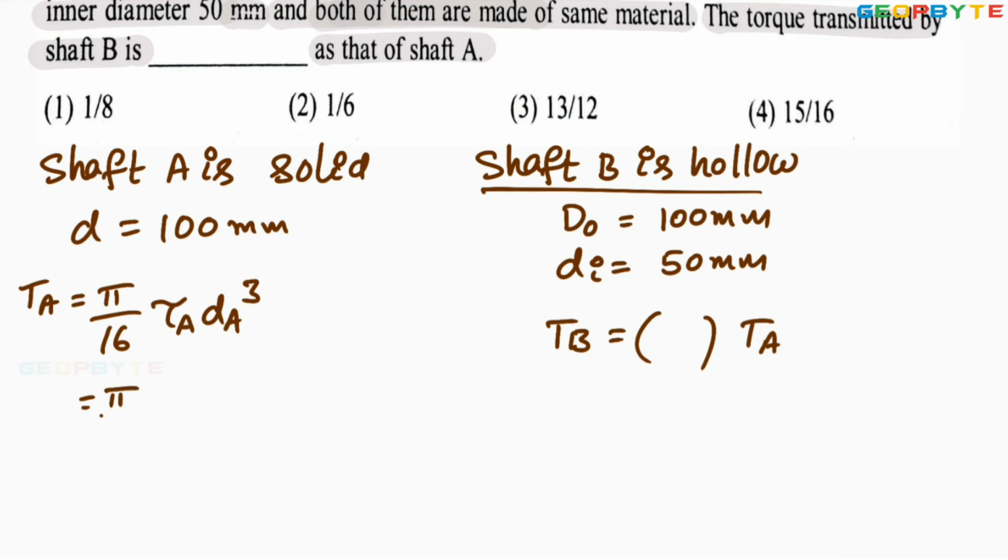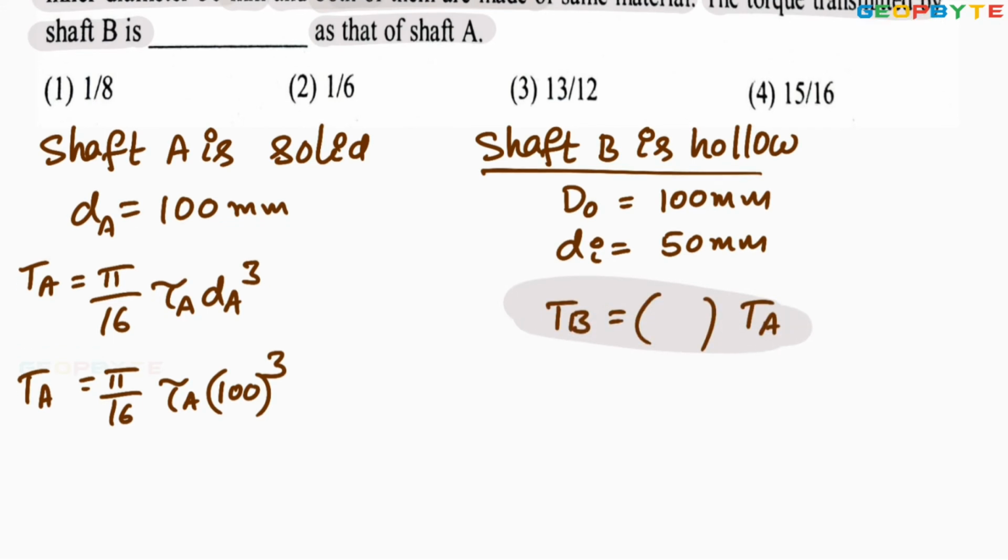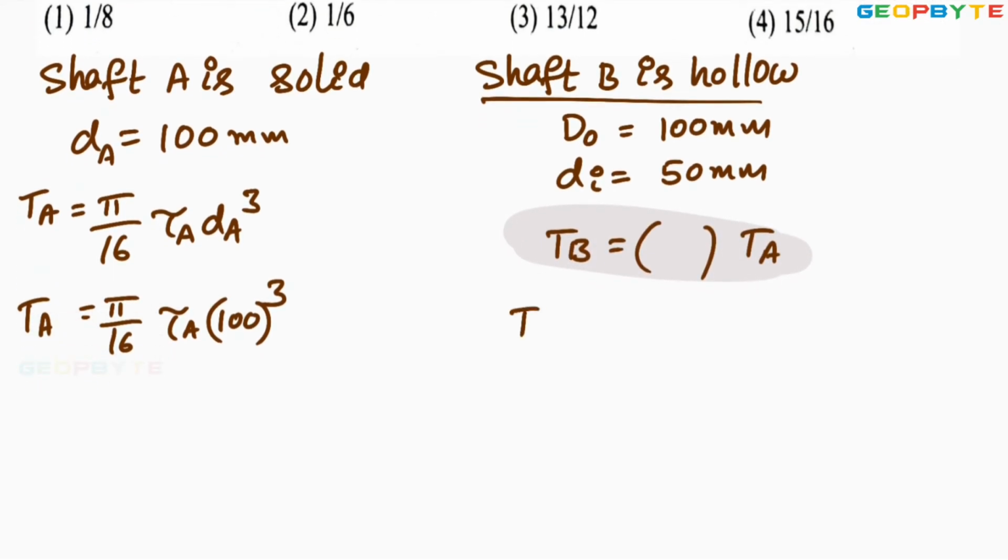The dA is 100, cubed. That is the torque transmitted by shaft A. Now we need to find the torque transmitted by B. It's a hollow one: pi by 16 into the shear stress in the B into capital D power 4 minus small d power 4 by capital D.